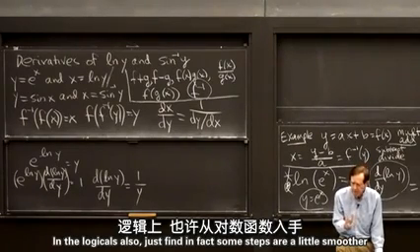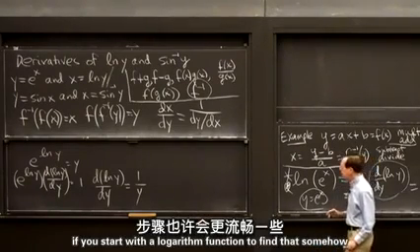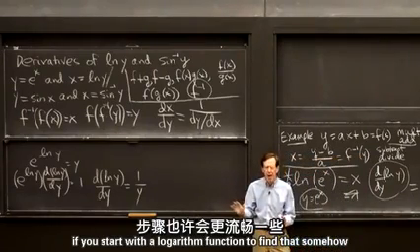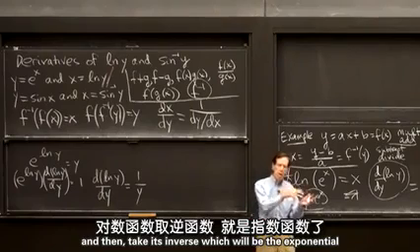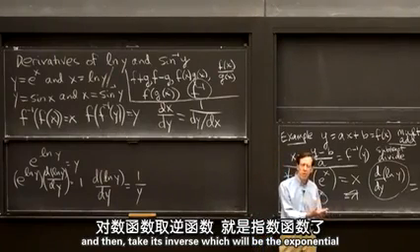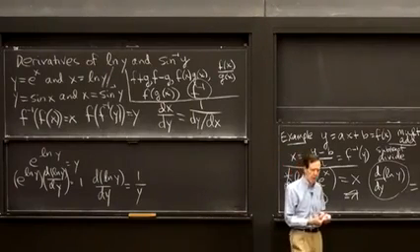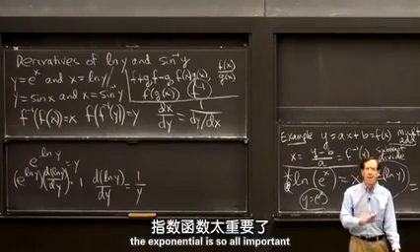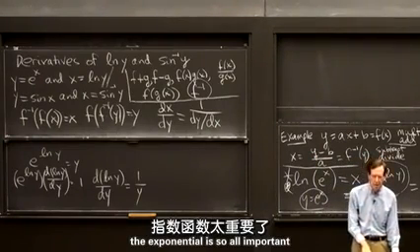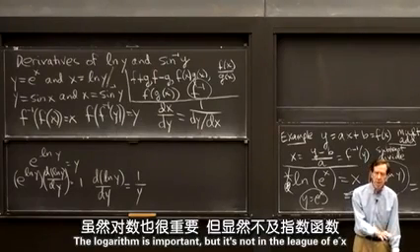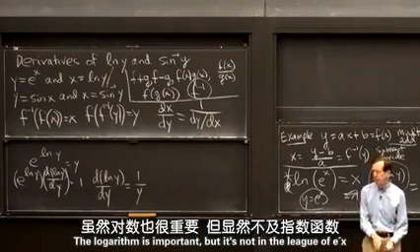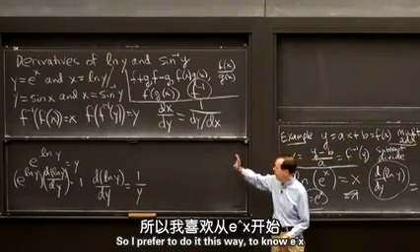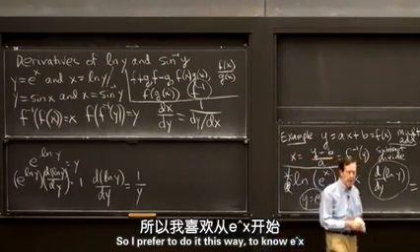In fact, some steps are a little smoother if you start with the logarithm function, define that somehow, and then take its inverse, which will be the exponential. But for me, the exponential is so all-important. The logarithm is important, but it's not in the league of e to the x. So I prefer to do it this way, to know e to the x.